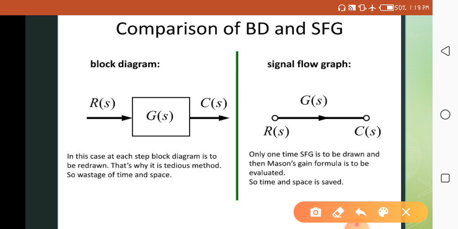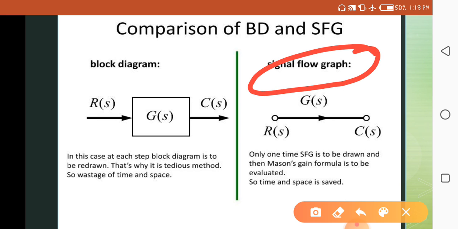To reduce this disadvantage, we use the signal flow graph. In a signal flow graph, the graph is drawn only one time, and with the help of Mason's gain formula we calculate the transfer function, and because of this time and space is saved.